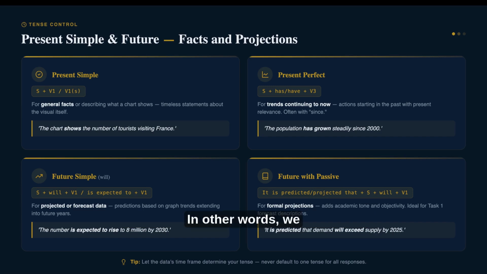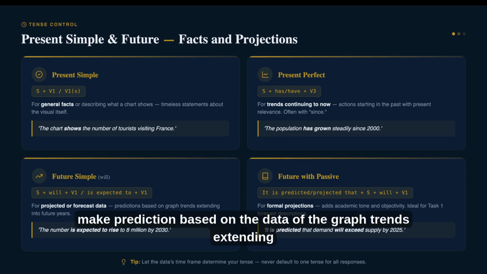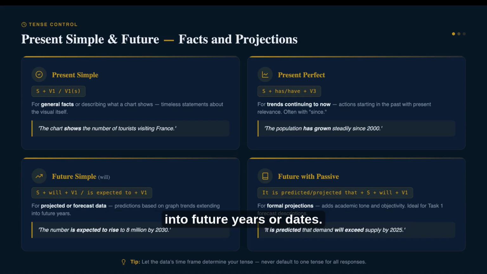In other words, we make predictions based on the data or the graph trends extending into future years or dates. For example, the number is expected to rise to 8 million by 2030.